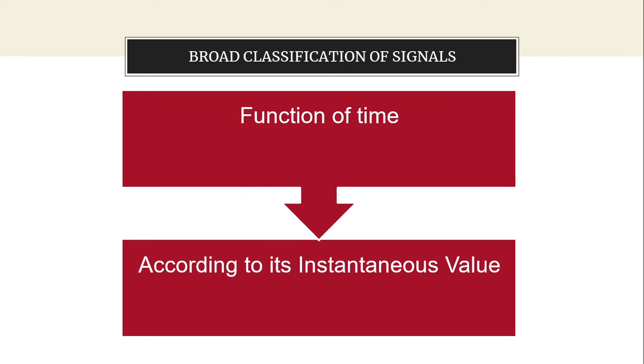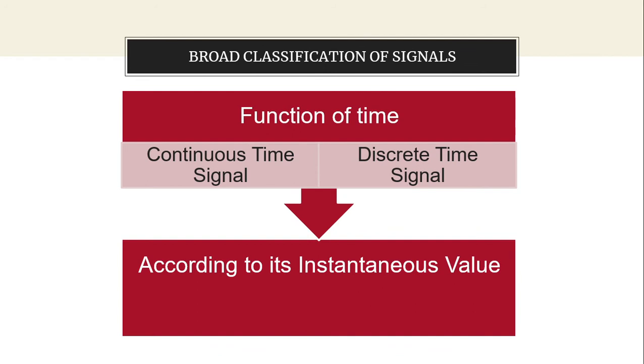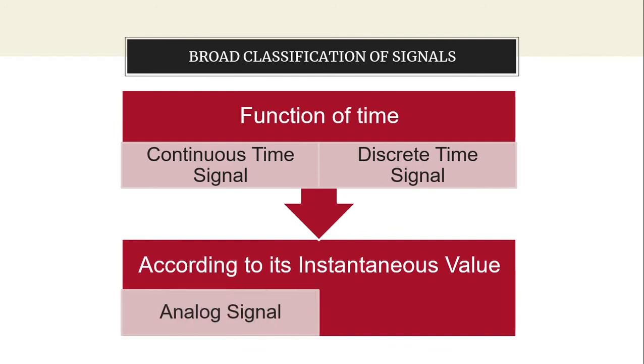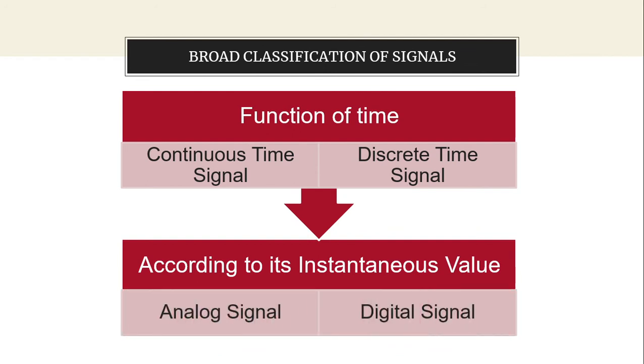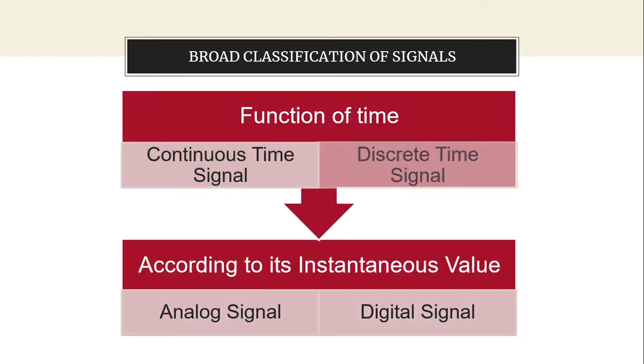For time we have continuous time and discrete time signals. For instantaneous value we have analog and digital signals. That depends upon how the time is varying, and how the values are changing.